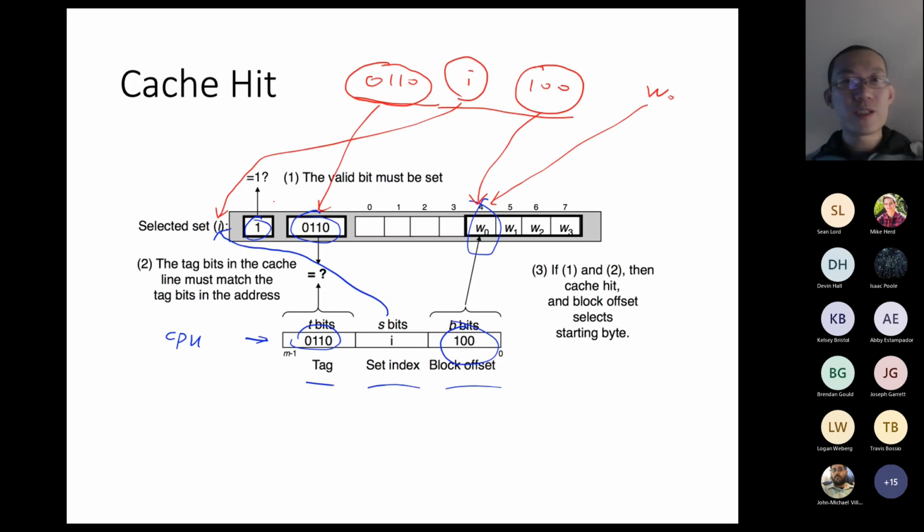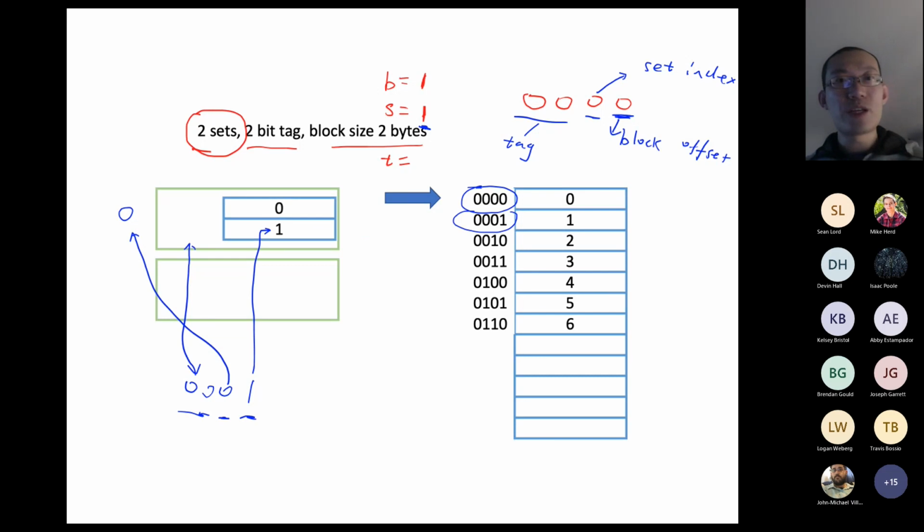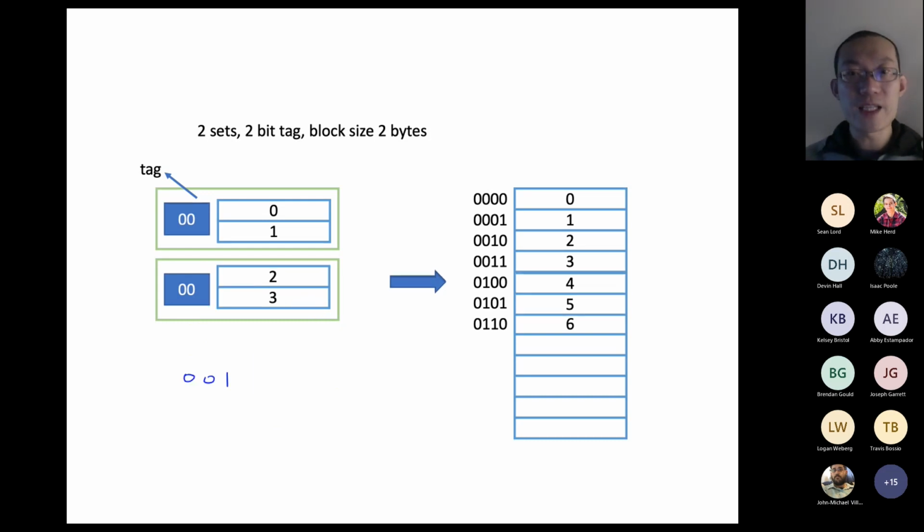And we also talked about an example of how we initialize it. When we try to decide which set we should go to, we first figure out what S, B, and T are, and then we can divide the address into three parts and find the set as a result. We showed the example of how we initialize the cache, or prime the cache, and then utilize the cache when we have good locality.